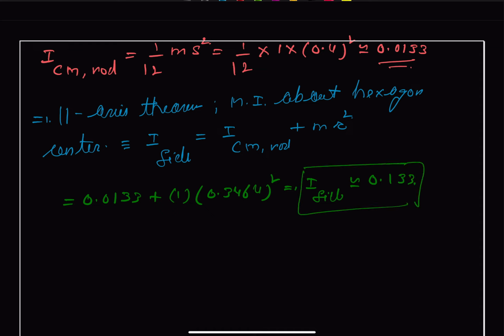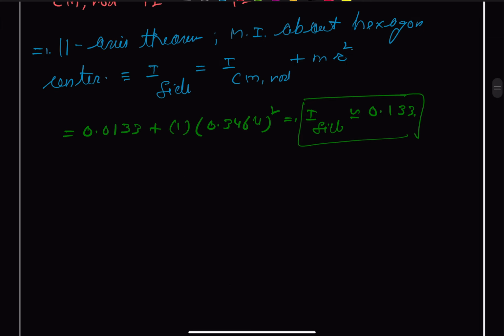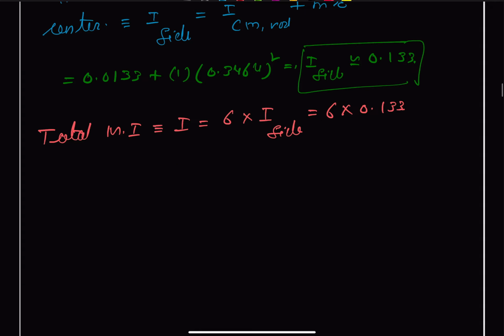and we are having 6 sides. So total moment of inertia, that is I, will be equal to 6 multiplied by moment of inertia of the side, and this gives us 6 multiplied by 0.133 and this giving us that the value of I is 0.8 kg meter square, and we can write this as 8 into 10 to the power minus 1 kg meter square.